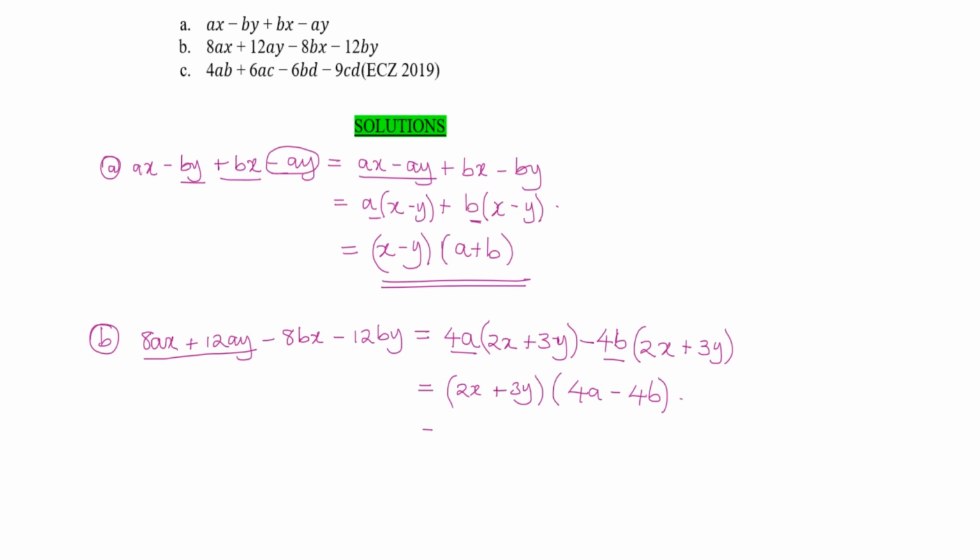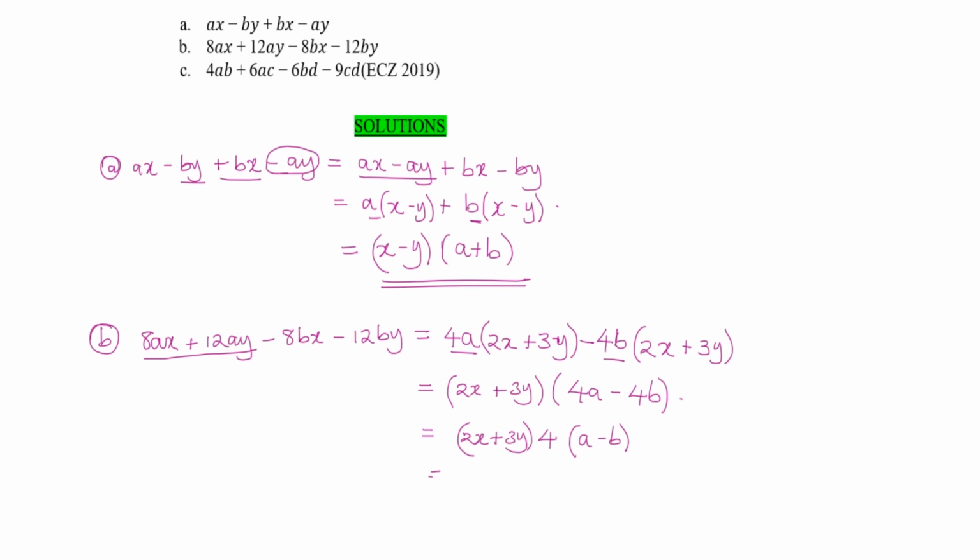We'll look at that one: 2x, so that we don't get confused, plus 3y. Here there is no other factor apart from 1. Then here there is a 4. 4 is a common factor of 4a minus 4b. In brackets we're going to have a minus b.